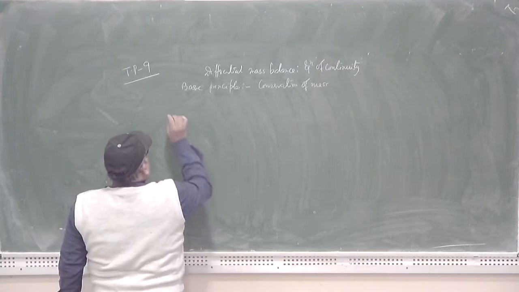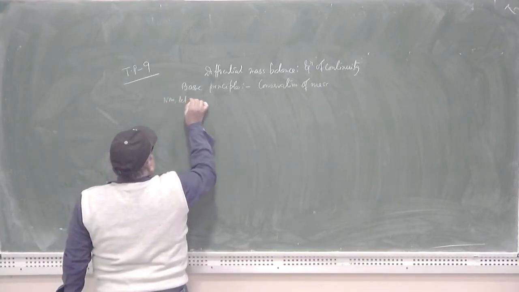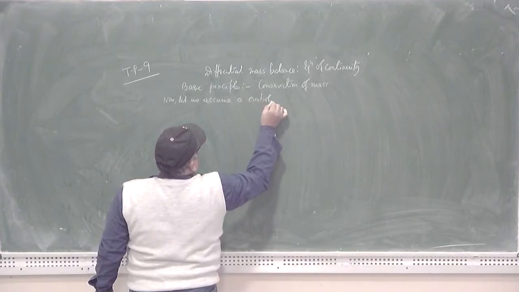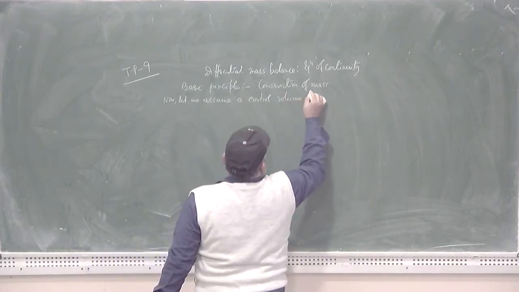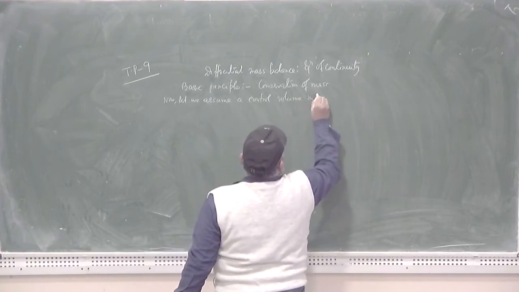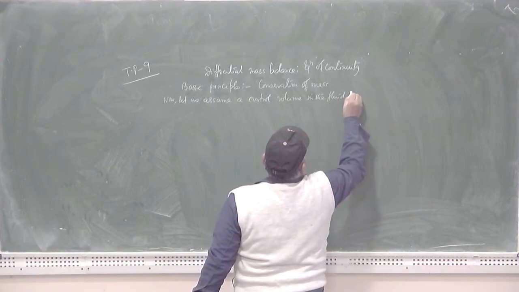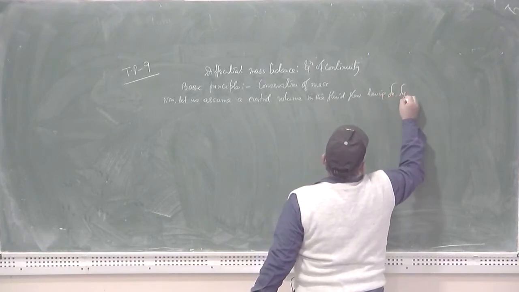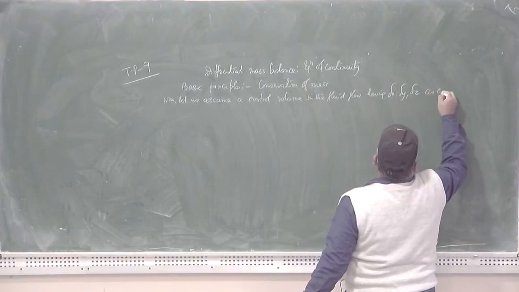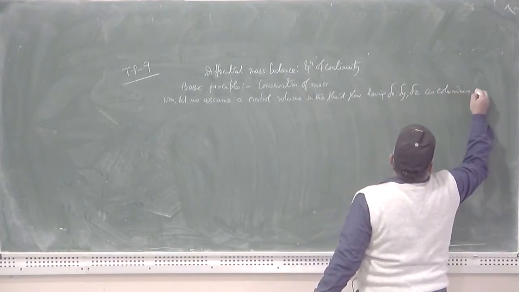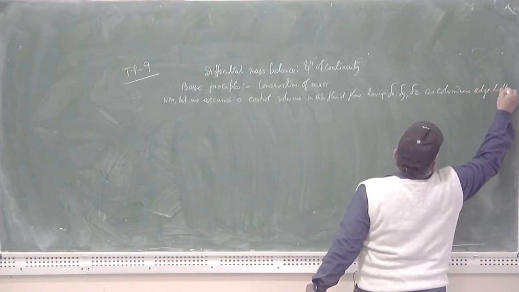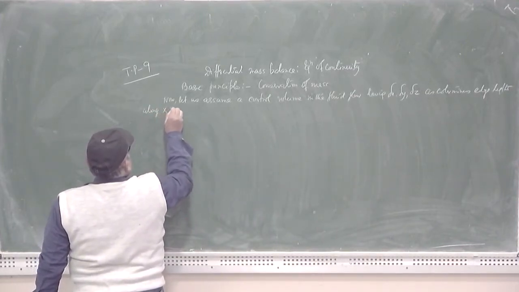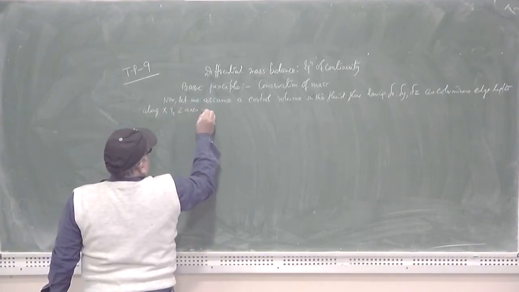Now, let us assume a control volume in the fluid flow having delta x, delta y, delta z as edge lengths along the x, y, z axes respectively.